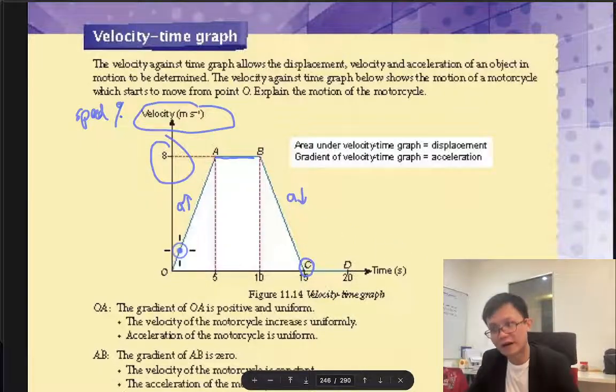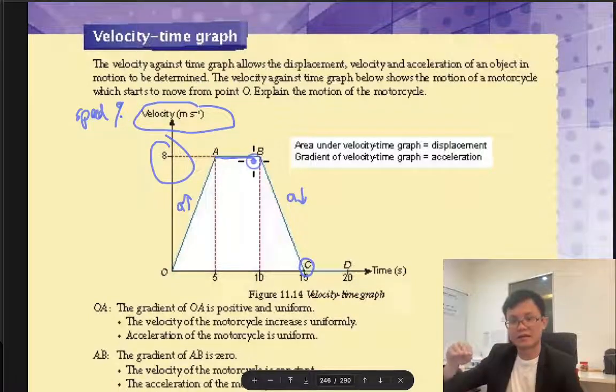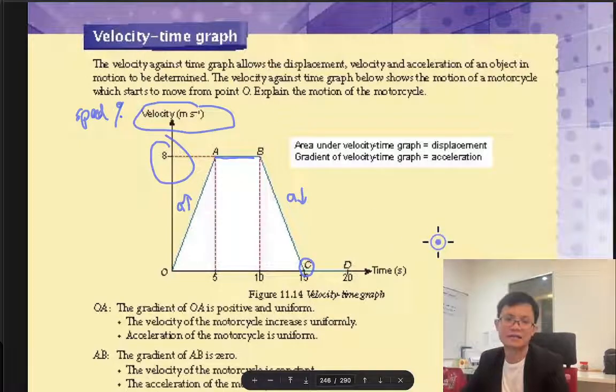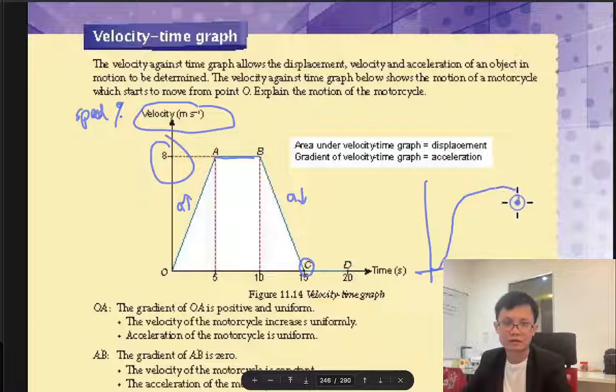Yes, so the car goes fast, and then same speed, then slow down, slow down, stop. But usually a car will be like this, because the car will be very fast, right? So it will go vroom, go up, and then the car will stop, but not because your daddy steps on the brake.